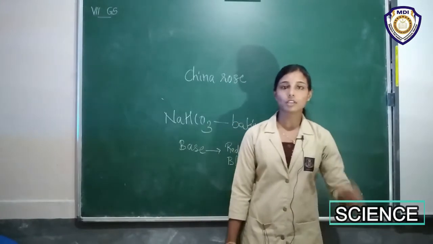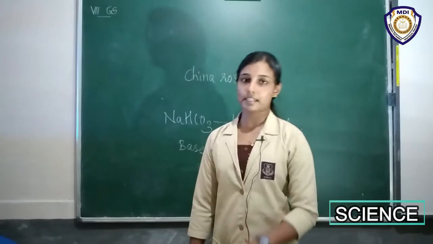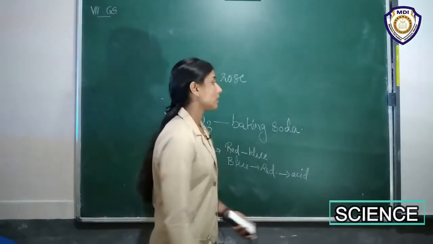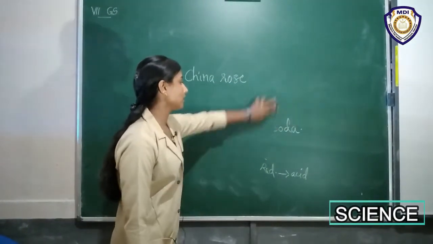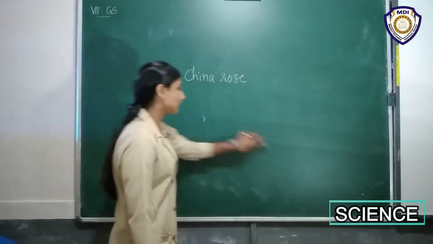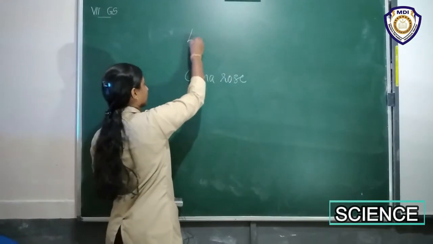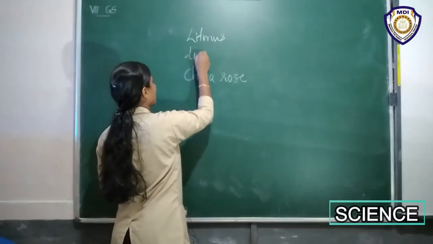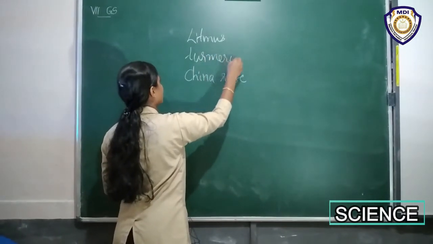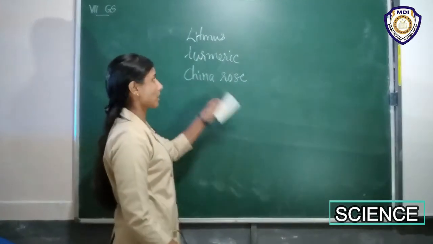So that is about our natural indicators. Now we have studied all the natural indicators. What are the natural indicators? The first one, litmus. Next, turmeric. And the third one, China rose solution.